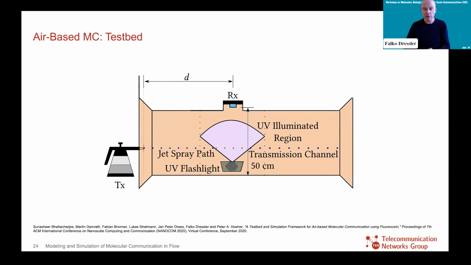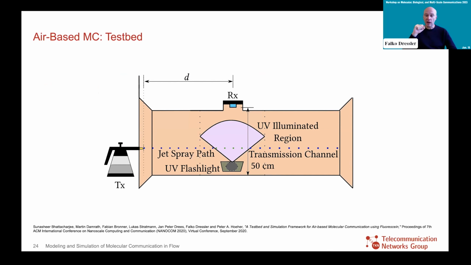So we started again with an experiment, this time with some colleagues at Kiel University in Germany, and the experiment looks as shown here on the slide. We have a large container in which we are able to inject particles on the left-hand side, with a kind of spray nozzle, and the intensity of this sprayer gives us the flow characteristics.